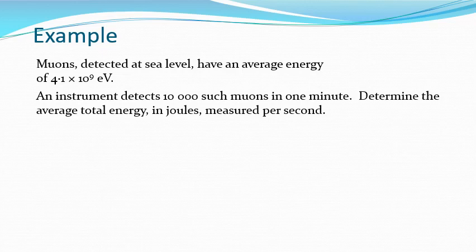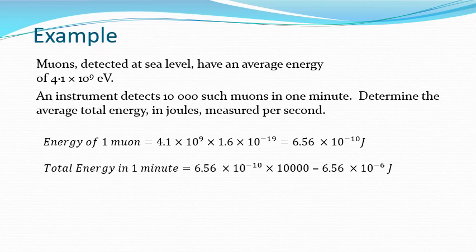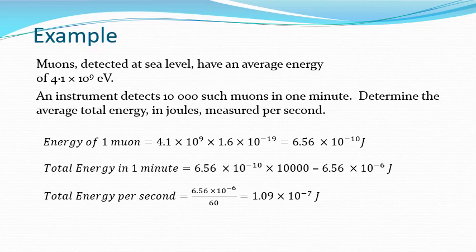So to convert between the two, we say we've got that many electron volts. 1 electron volt is the energy needed to accelerate an electron through 1 volt, Q times V. So the energy of 1 muon is our eV value times 1.6 times 10 to the minus 19 in terms of joules. And we have 10,000 of those in a minute. And so the amount we get in a second is a 60th of that.